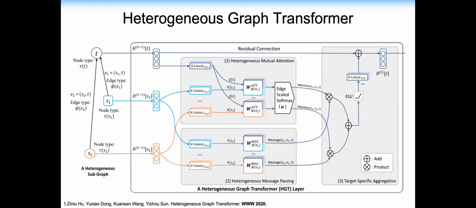So I will briefly introduce the architecture or the flow of the model.